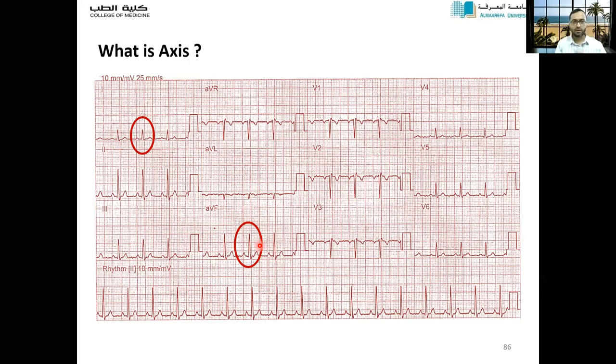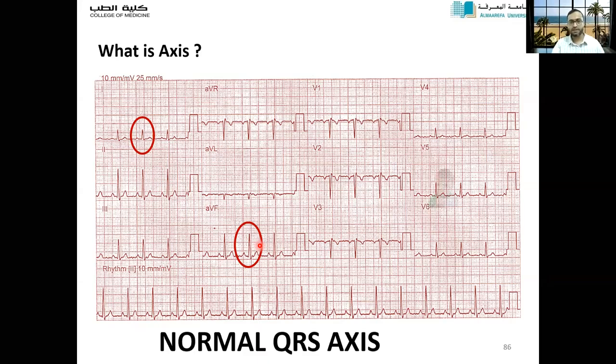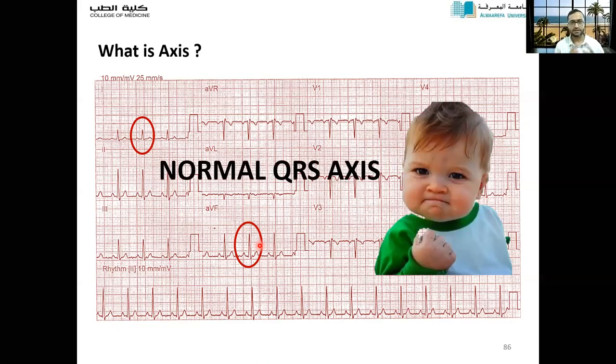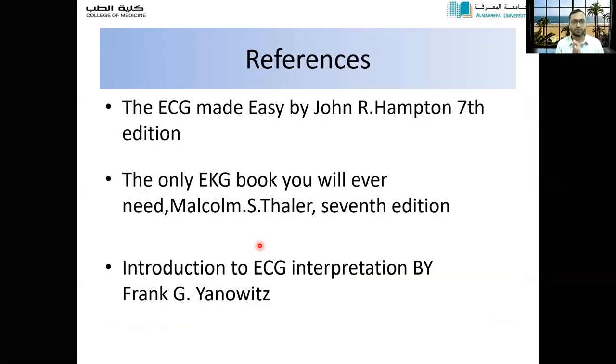So this is all about analyzing the ECG in 3 steps. The first thing is rhythm analysis. Second is analyzing the QRS axis, and then analyzing the individual waves and the segments. Whatever we have covered was just in short because of the time and because of the group. This is a very wide group. Some are from the very basic level, some might be from a higher level.